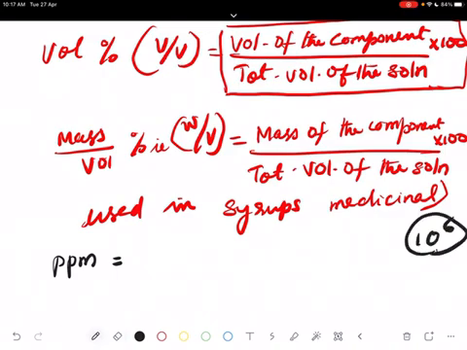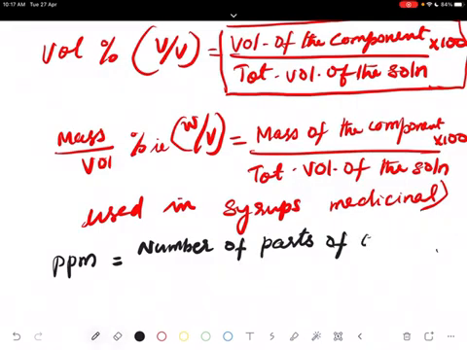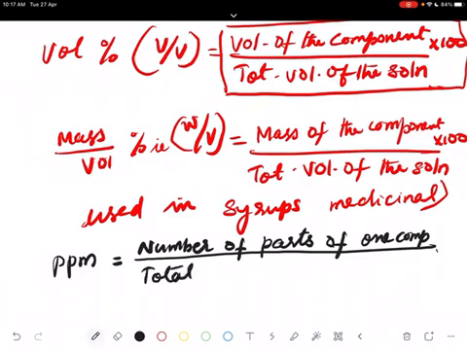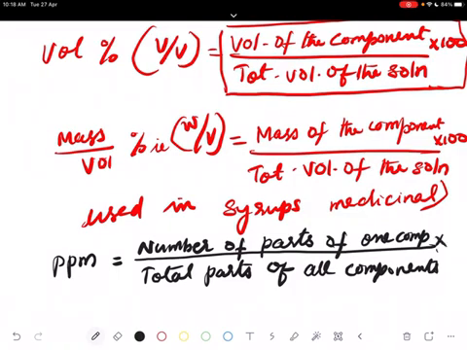So parts per million, we are showing the number of parts of one component, that is, how many parts are present, divided by the total parts of all components, into 10 to the power 6.